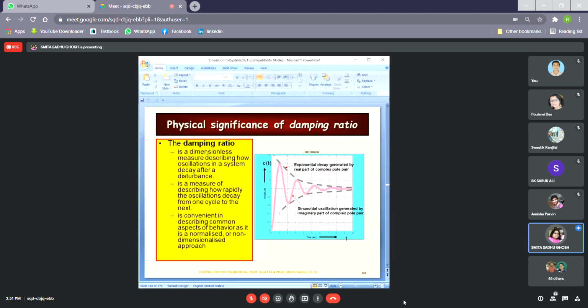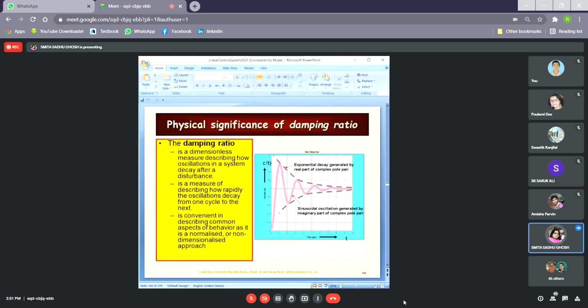Now, when I say that, I mean something. Over here, you can see on the diagram an underdamped response. What I mean by the damping ratio being dimensionless is that on this side you have the time axis, and on the other side is the amplitude axis that's marked over here. So amplitude is c(t), and the amplitude unit would be appropriate.